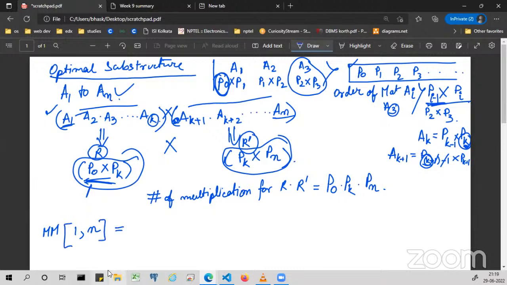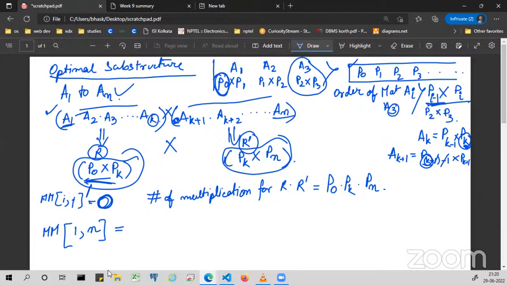MM[1][N] is equal to, basically what is this MM? MM is a 2D matrix which is storing the number of multiplications required while multiplying its i and j index matrices. So MM[i][j] means number of multiplications, whatever value is stored, that is equal to the number of multiplications required to multiply Ai to Aj.